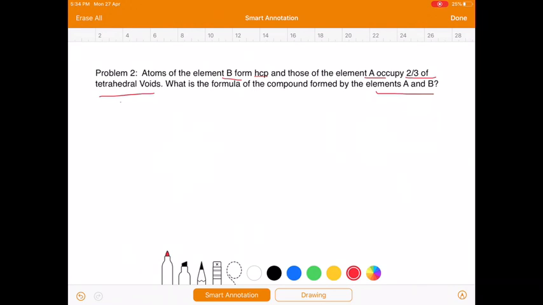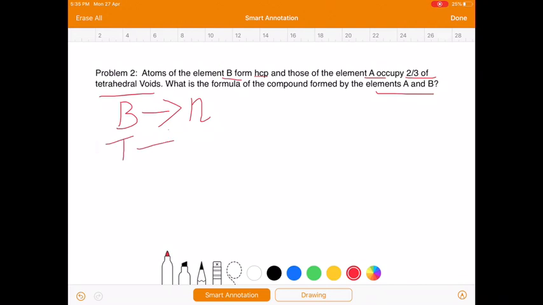Let us first take the number of B. Let the number of B forming the HCP be n, and those of the element A occupy 2/3 of the tetrahedral voids. So first let us take the number of tetrahedral voids.